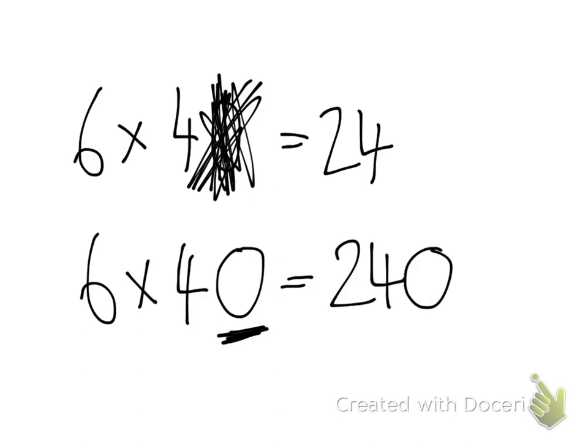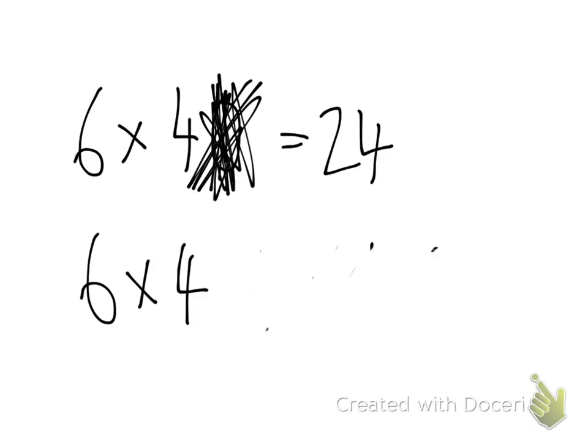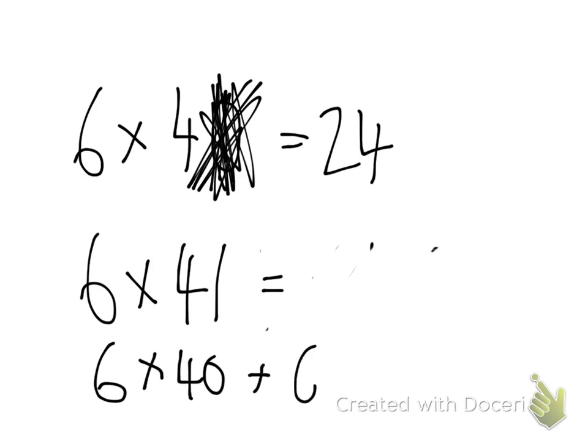240. What if I had asked, what is 6 times 41? Well, I could solve that as 6 times 40 plus one more group of 6. Now 6 times 4 is 24, so that's going to be 240.